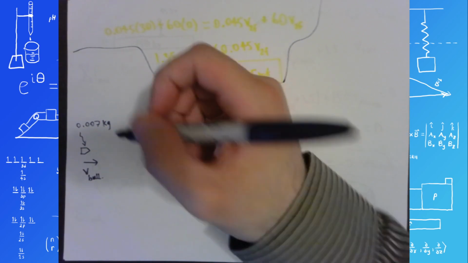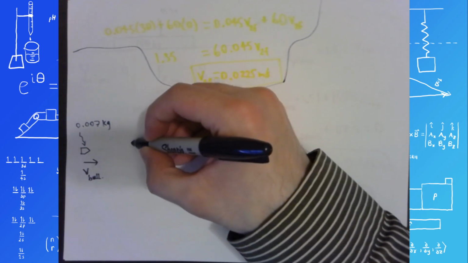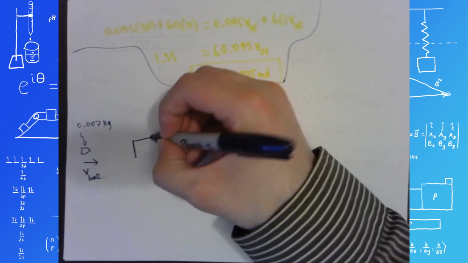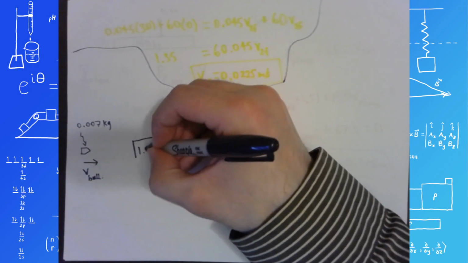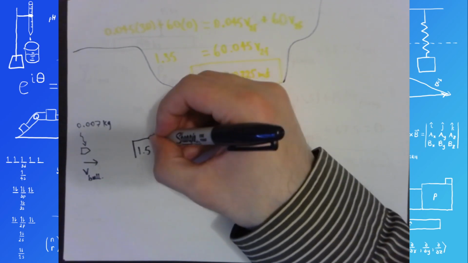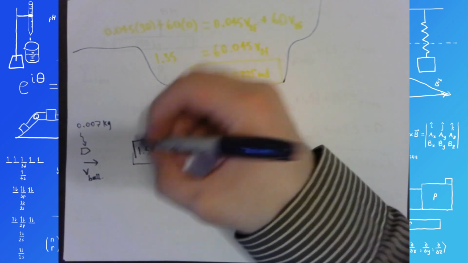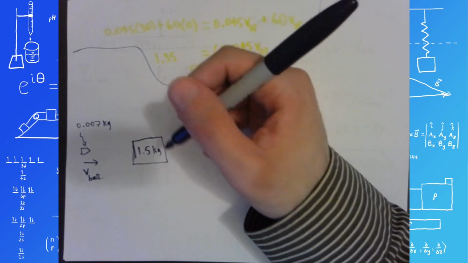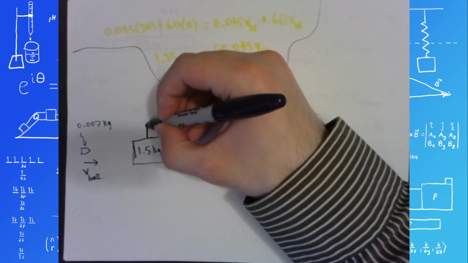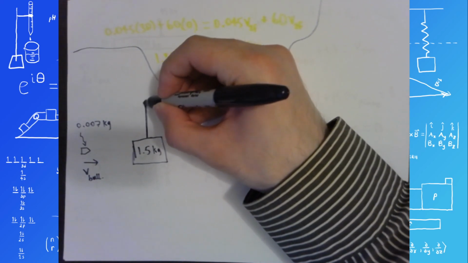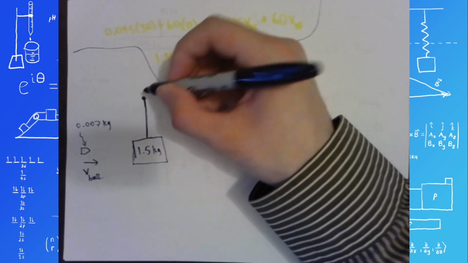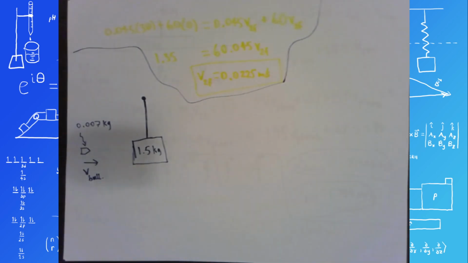Anyway, 1.5 kilogram ballistic pendulum. It's going to be tied by a string to some platform of sorts. And the bullet emerges from the block with a speed of 200 meters per second.